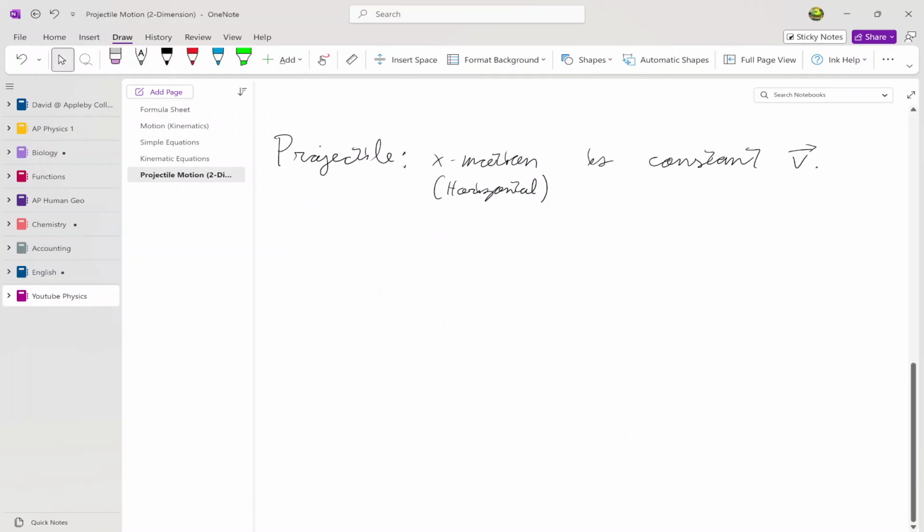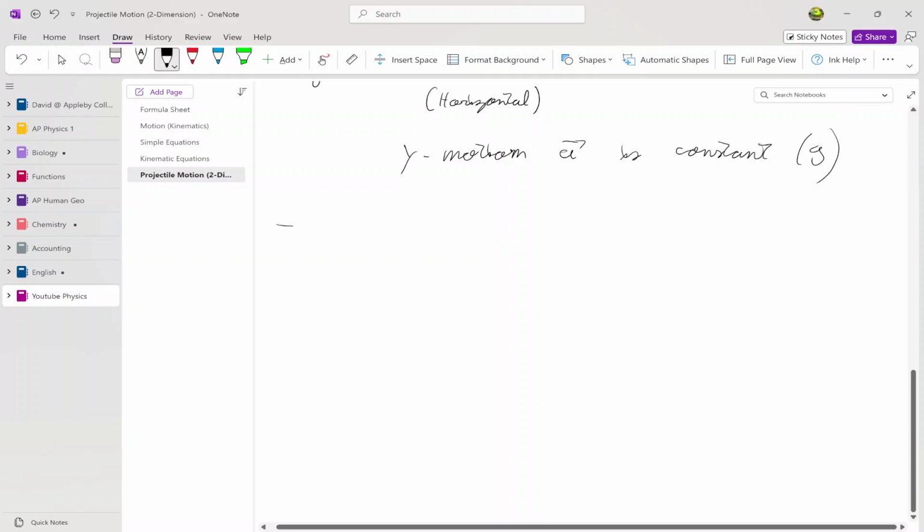And then for y motion, the acceleration is constant. In this case, for most projectiles, it's just gravity. You'll get used to that. But yes, gravity's always there.